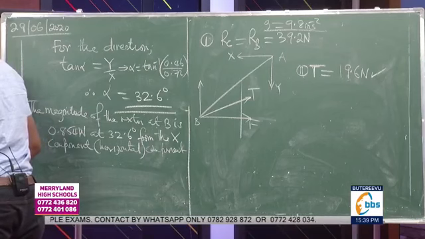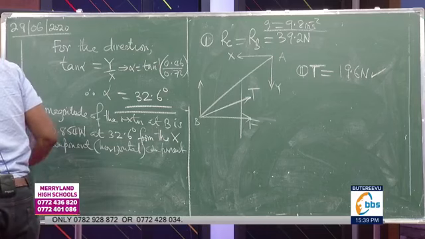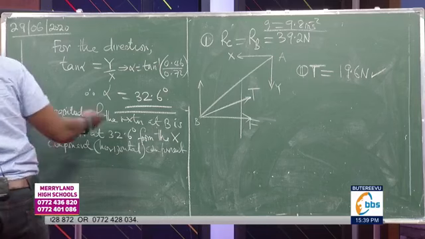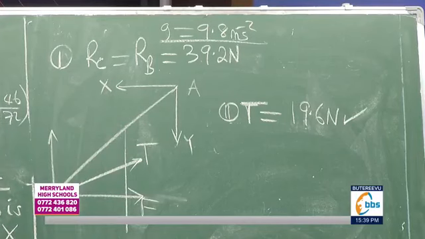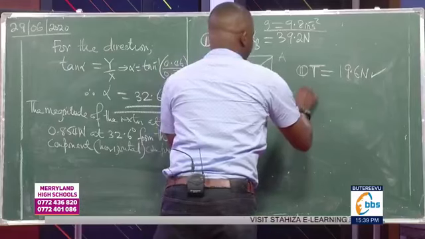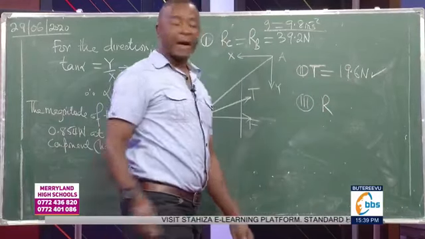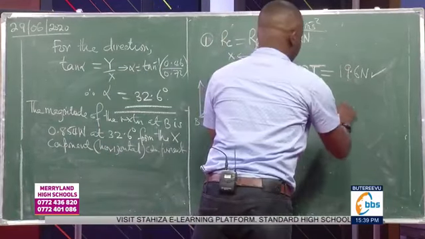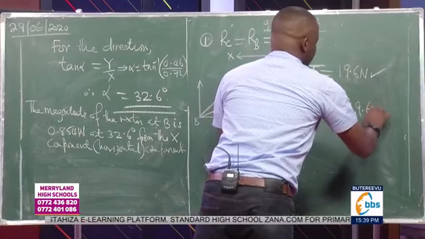Then the last part is the magnitude and direction. So you follow exactly what we have just finished doing. Get the value of x, get the value of y, and use those two values to get the resultant. And the resultant here, the magnitude of the resultant at A, was supposed to give you the same value of 19.6.